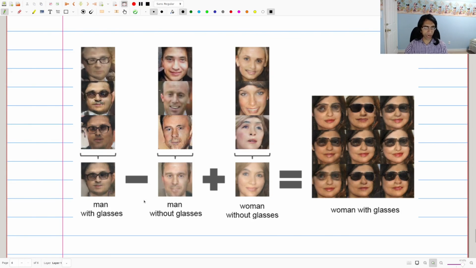If you subtract these in an appropriate sense, which I won't get into, then man with glasses minus man without glasses should be equal to glasses. And if you add on a woman without glasses, that will give you a woman with glasses. This might seem nonsensical, but it actually works pretty well. You can see here that we have a woman with glasses by doing these weird additions and subtractions in the appropriate space. This is from a paper by Radford et al.